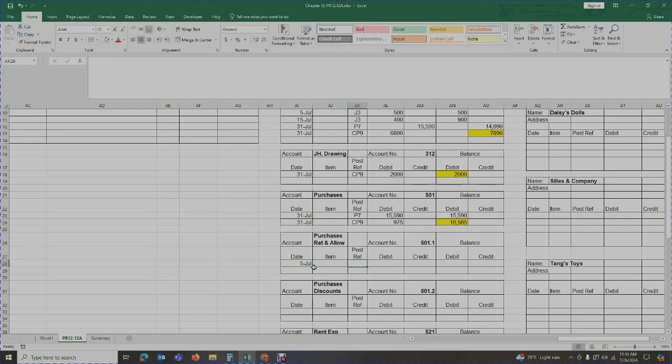Okay, journal number 3, and we had a credit of $500, so my balance will be $500. On July the 15th, journal number 3, I had a credit of $400. So 500 plus 400 will give me a credit of 900.